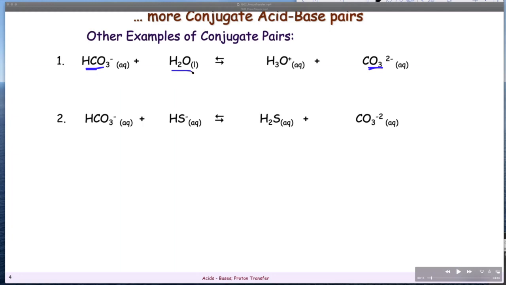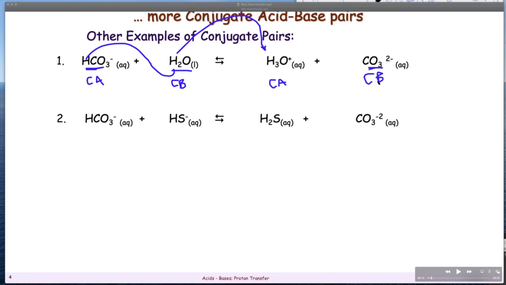Water now is going to be a base in this particular case because it accepts the hydrogen and forms hydronium. So this would be the conjugate acid, this would be the conjugate base, but in the reverse reaction, this would be the conjugate acid and this would be the conjugate base.